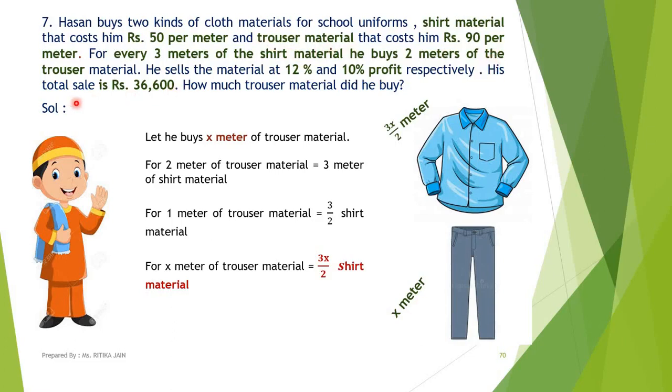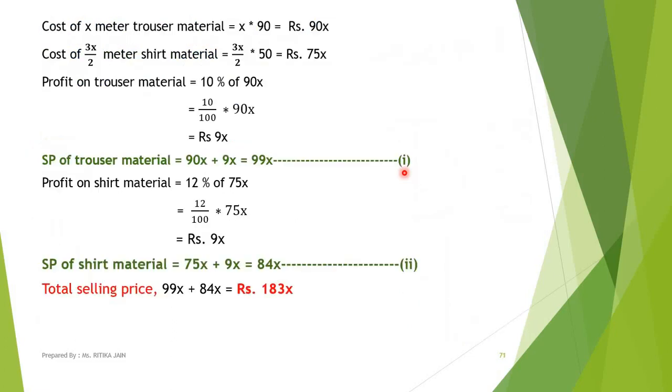So, his total sale is 36,600, and how much trouser material did he buy? Means we have to calculate the value of total trouser material. Okay. So this thing was important, children. So now we have got a relation between X meter and 3x/2 meter. Means the relationship between trouser material and shirt material.